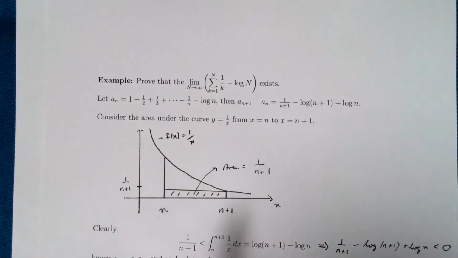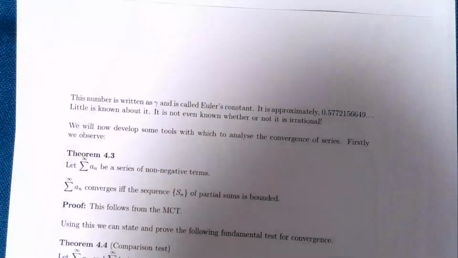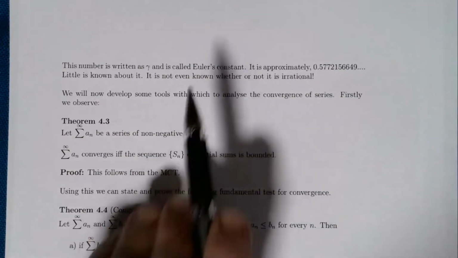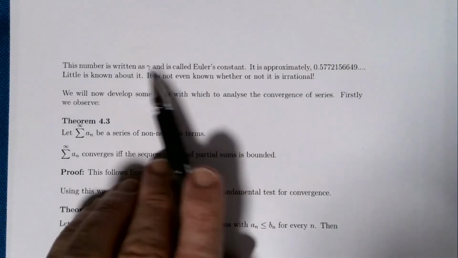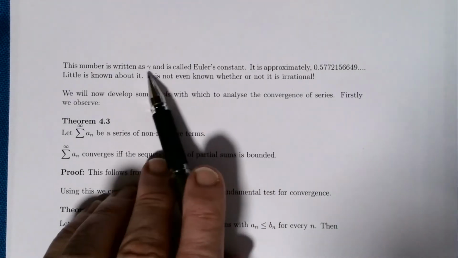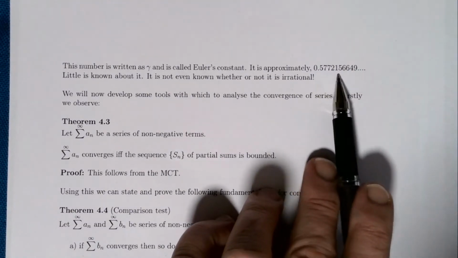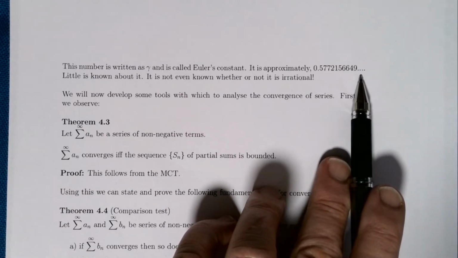Now, what does it converge to? Well, you can get an approximate value of it as a decimal. It's got a special name, this limit. It's written as gamma, and it's often called Euler's constant or the Euler-Mascheroni constant. And you might like to Google that if you want to find out more information about this mysterious gamma. It's approximately 0.5772, etc. But we don't know very much about it.